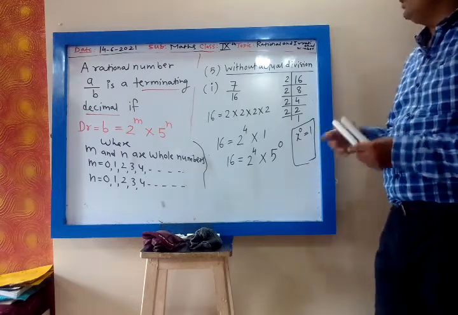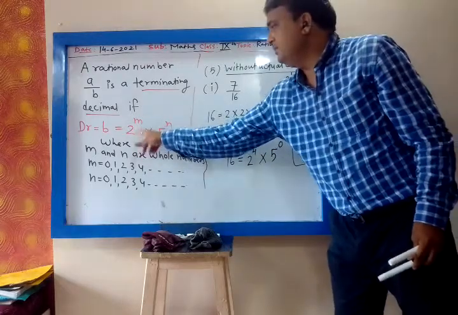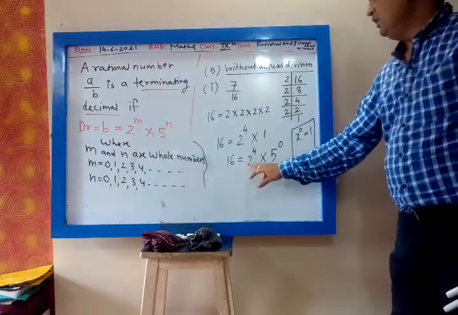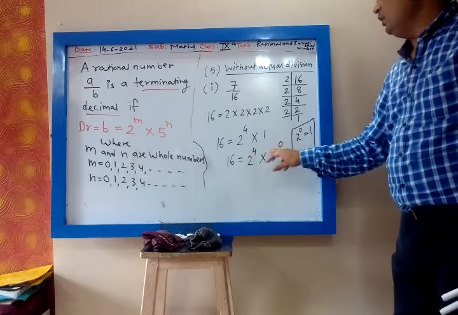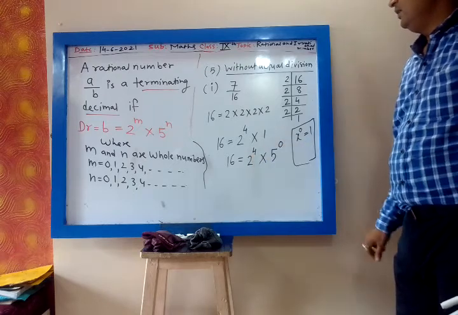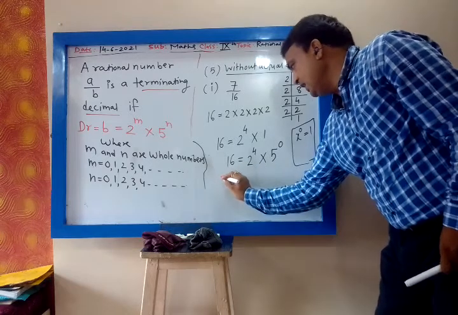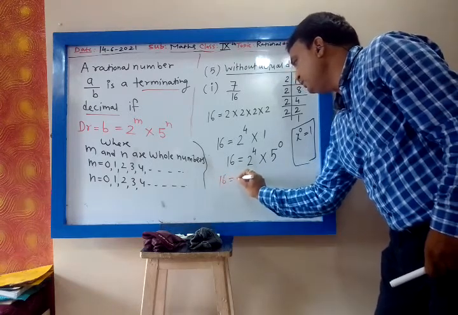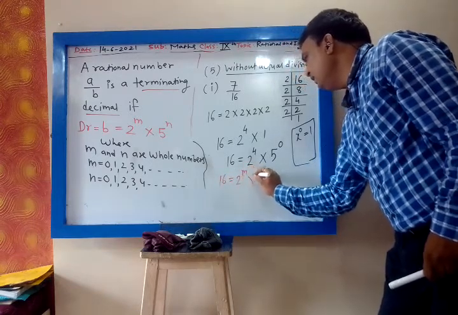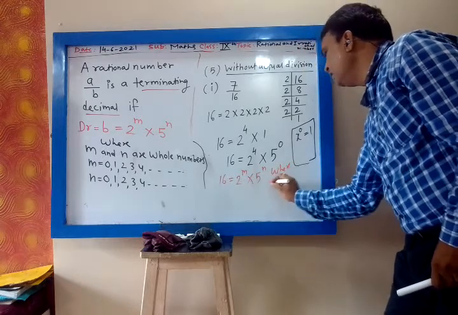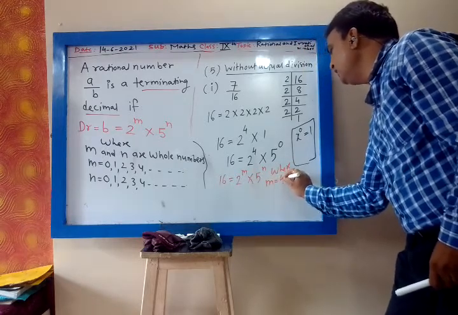So have I expressed the denominator as 2 raised to m into 5 raised to n? Tell me. What is my m? m is 4. n is 0. Correct. So 16 I have written in the form of 2 raised to m into 5 raised to n, where m is 4 and n is 0.